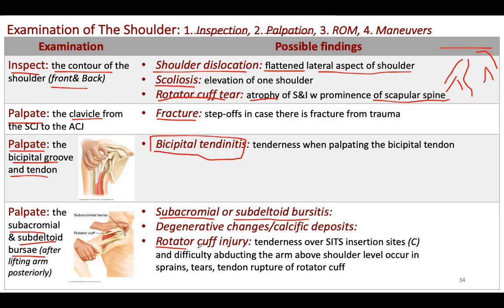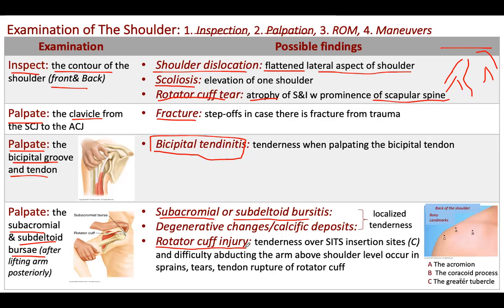Also palpate for rotator cuff injury. Usually the four muscles get inserted, or converge together, at this point, at point C. So tenderness over point C, which is the insertion site of the SITS muscles, and difficulty abducting the arm above the shoulder level, occurs in any condition of rotator cuff injury.